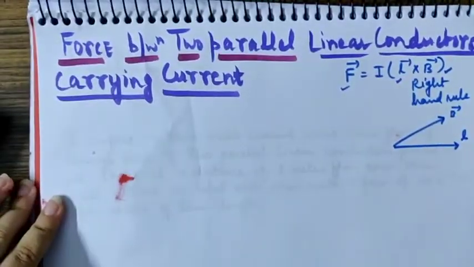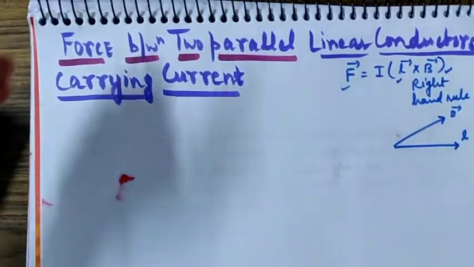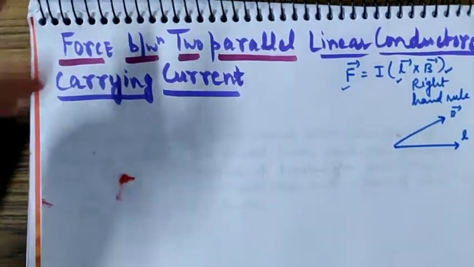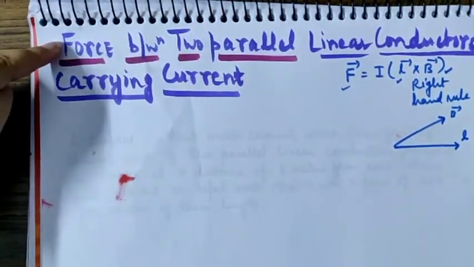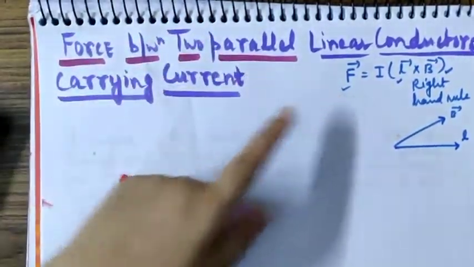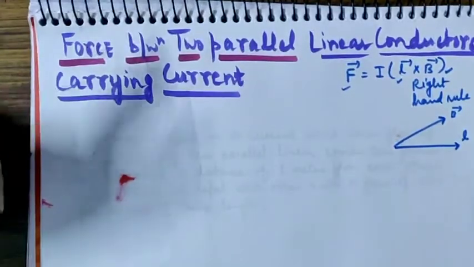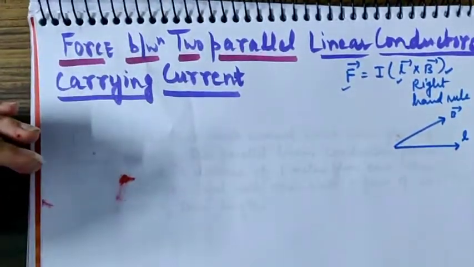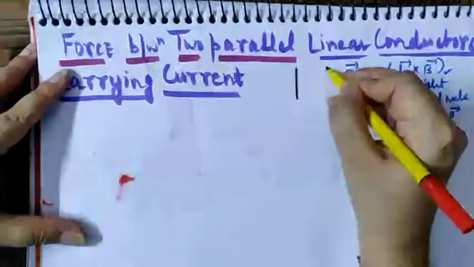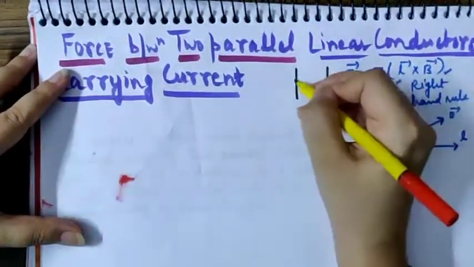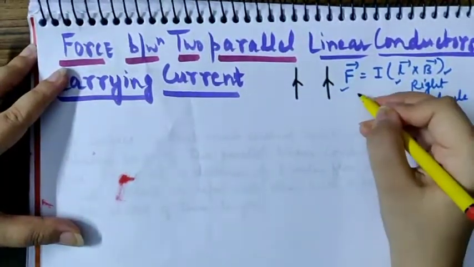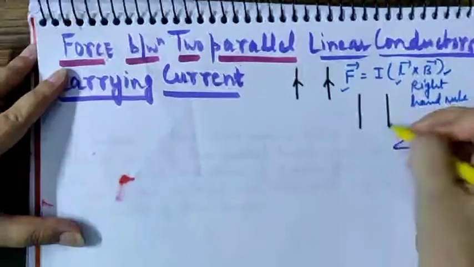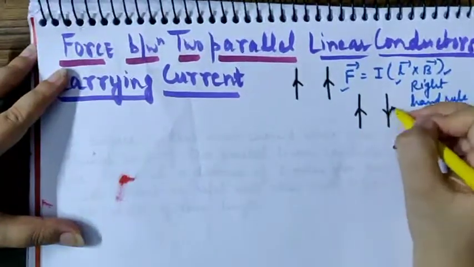Now coming to this topic. As it explains, you need to find the force on two parallel linear conductors which carry current. Now you will place two linear conductors, but initially the two conductors might have the current in the same direction, or the two conductors might have the current in opposite directions.